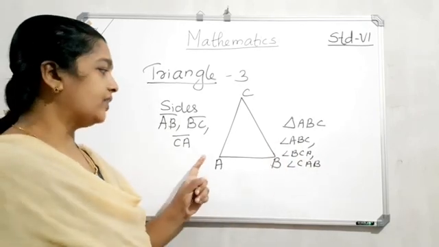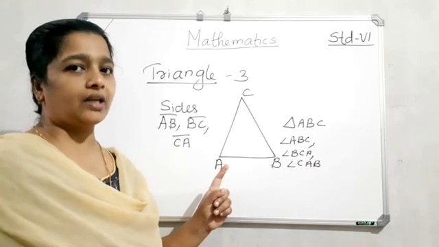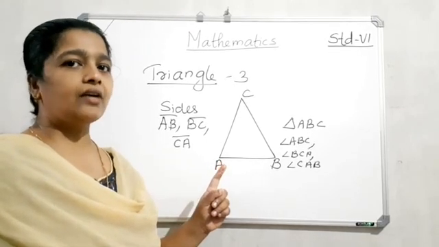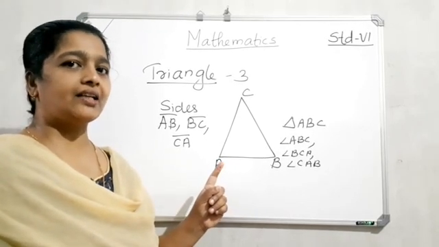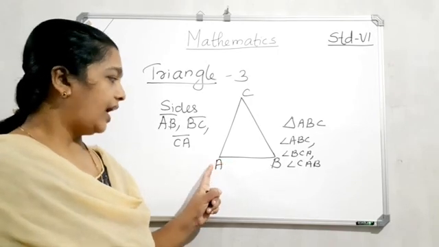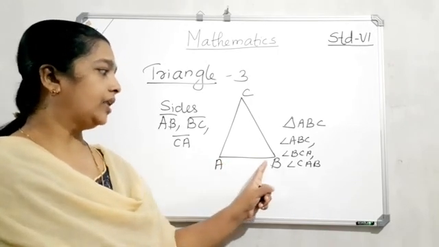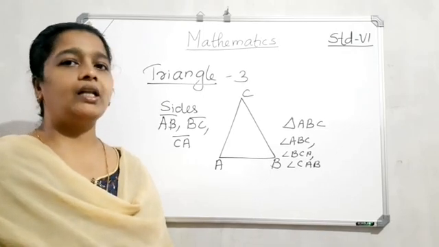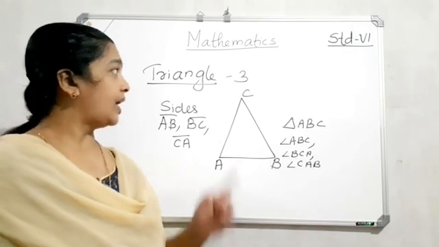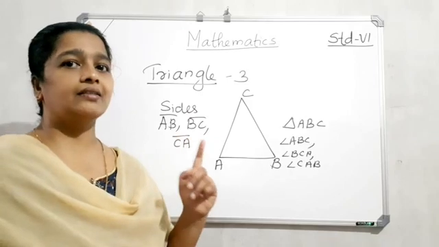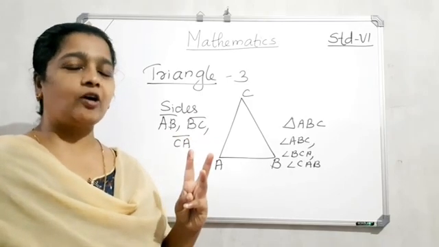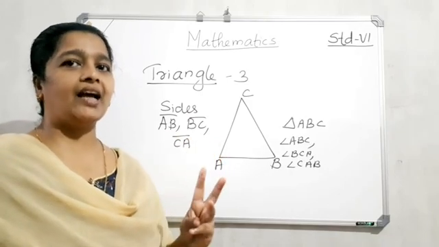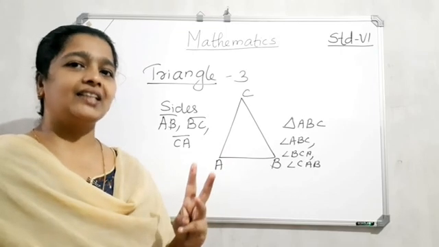Next, what are the vertices? Last day we studied about vertex. Vertices is the plural form of vertex. Point A, point B and point C are the vertices. In fill in the blanks questions, they sometimes ask how many sides: 3. How many angles: 3. How many vertices: 3.